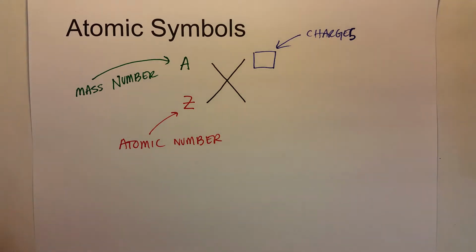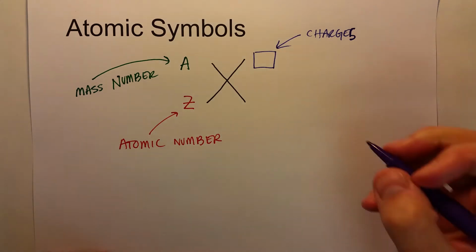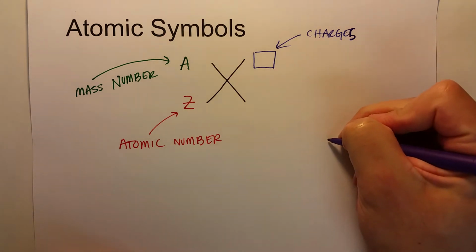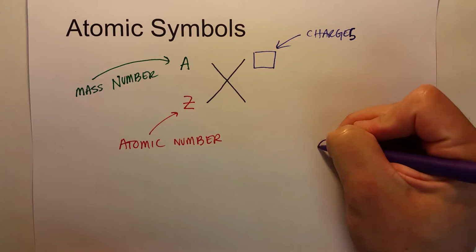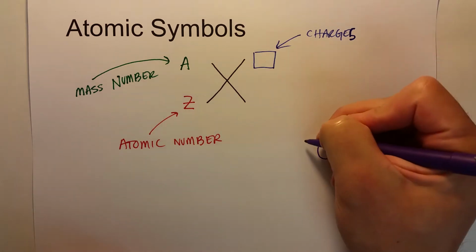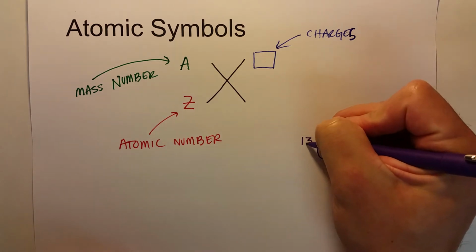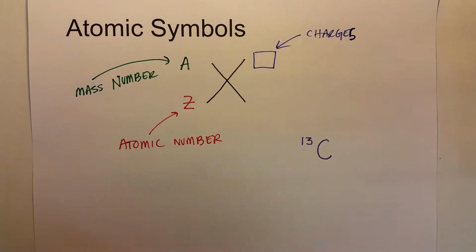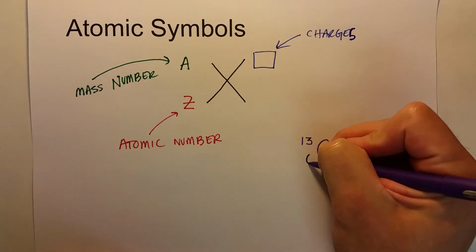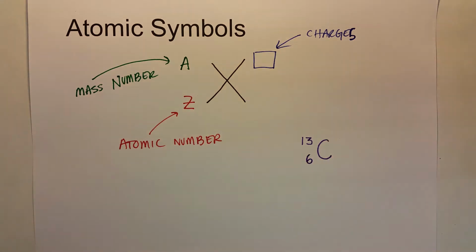So, for instance, let's say we wanted to talk about carbon-13. For a full atomic symbol, we could use carbon. 13 is the mass number, so that goes in the left superscript. And carbon's atomic number is 6.